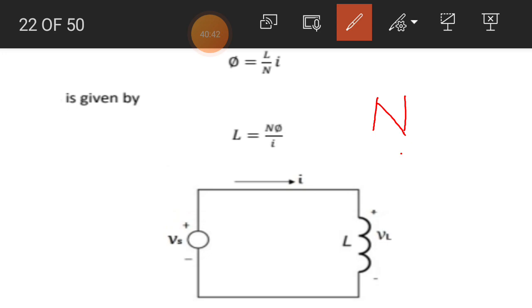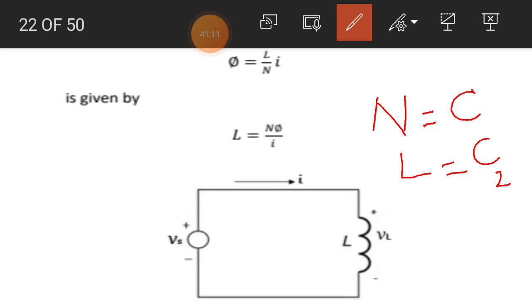Well, the inductance of this inductor will be constant as well. Let me represent this constant by C2.